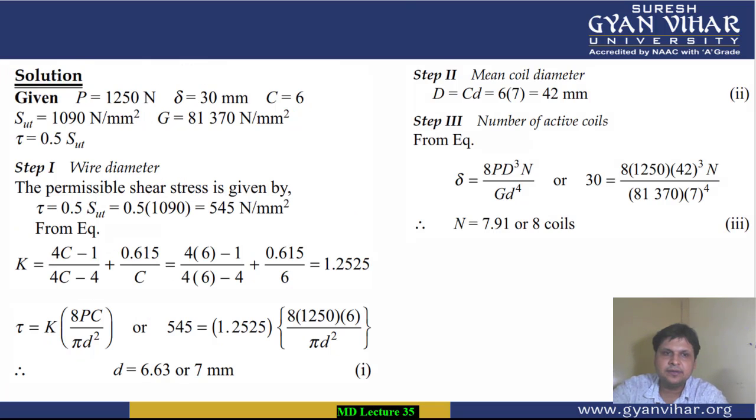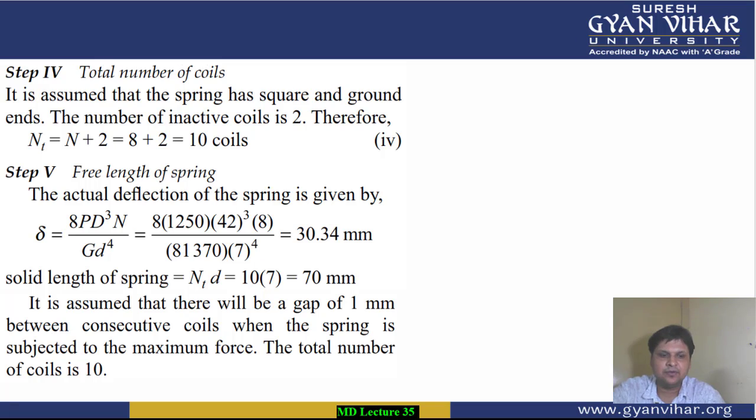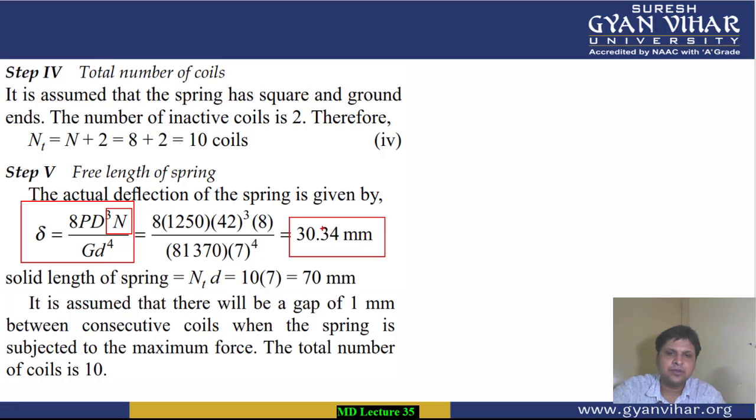Though in the numerical, the value of deflection was given to us as 30 mm, when you have calculated the value of the number of active coils, why not use this load deflection equation and calculate the value of deflection? You can see in the numerical, the value given of deflection is 30, and the value which we are calculating by this formula is 30.34. So this is the exact value.